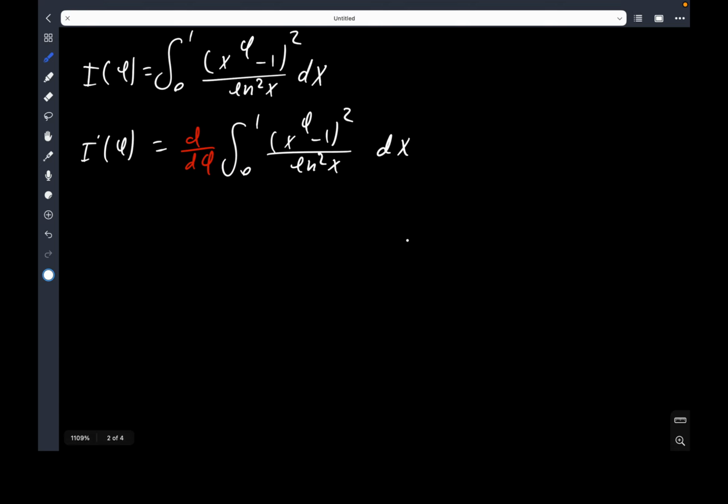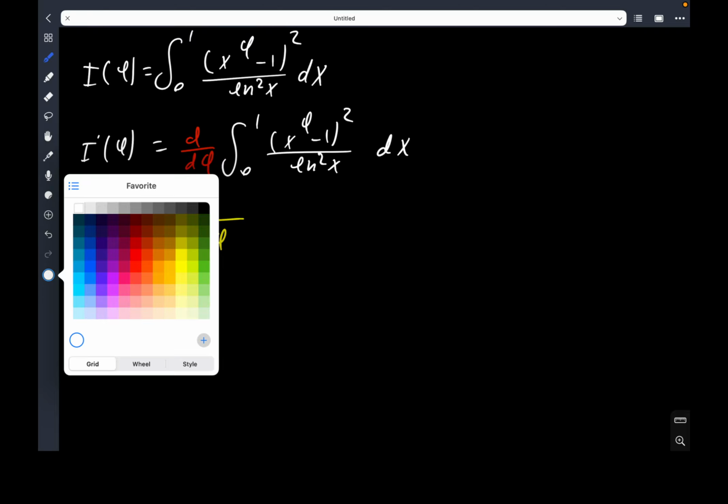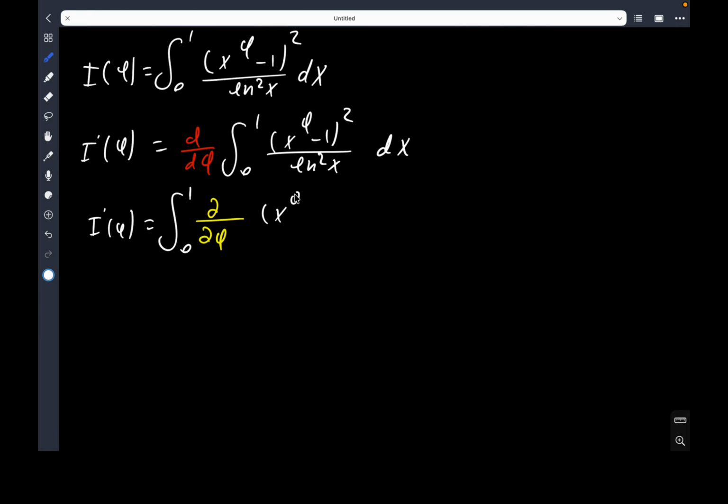And I can move this total derivative inside, and it's going to become a partial derivative. I'm going to write it in yellow. Partial phi of (x to the phi minus 1) squared over ln squared x dx.